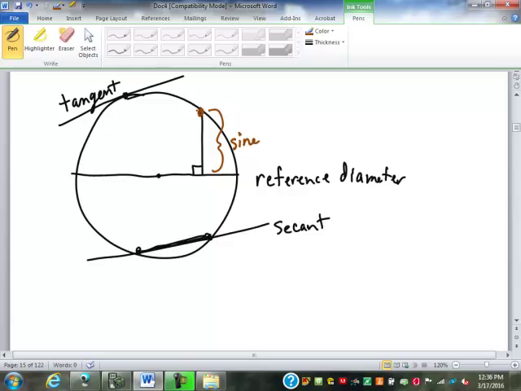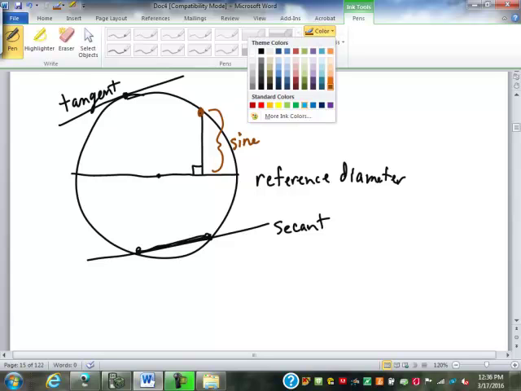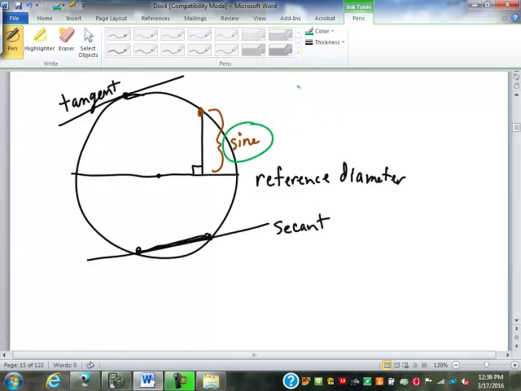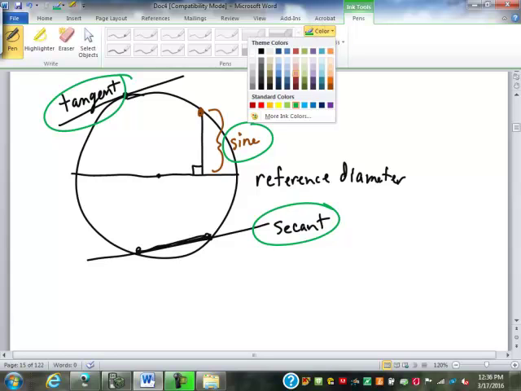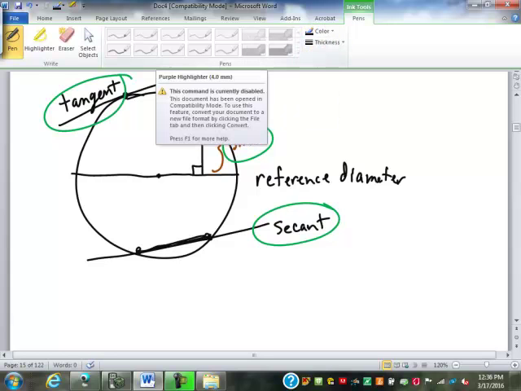At this point, you have now seen the circle definition of the structure for the three main trig functions: sine, tangent, and secant. Now, some of you might be saying, what about that other one we hear about? Well, that's actually not a main trig function, and I'll show you in a minute where they all come from. Any questions so far?